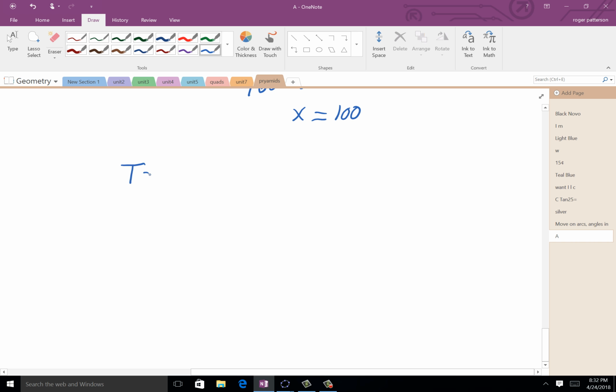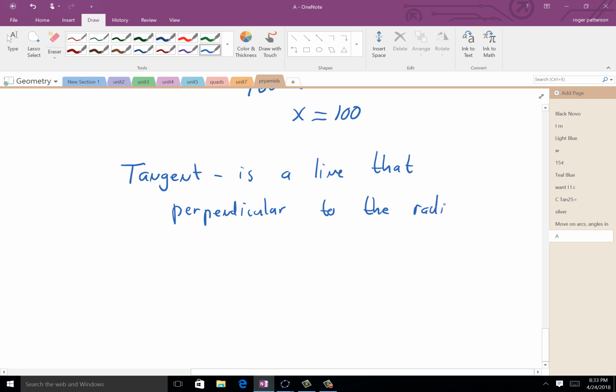So first of all, we need to define what a tangent line is. So we know it's a line that's perpendicular. That's the key. Perpendicular to the radius. All right. It intersects a circle in one point. I'm just going to say that.